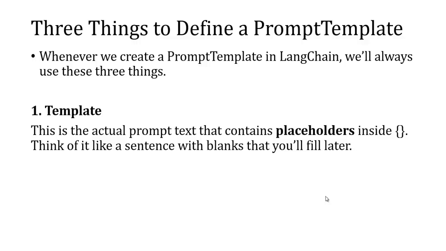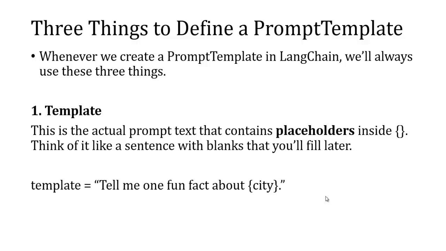Think of it like a sentence with blanks that you will fill later. Like this, this is the template: Tell me one fact about this {city}. You can consider this city as a variable, but here we call this variable a placeholder, right? So here city inside the curly braces is the placeholder.